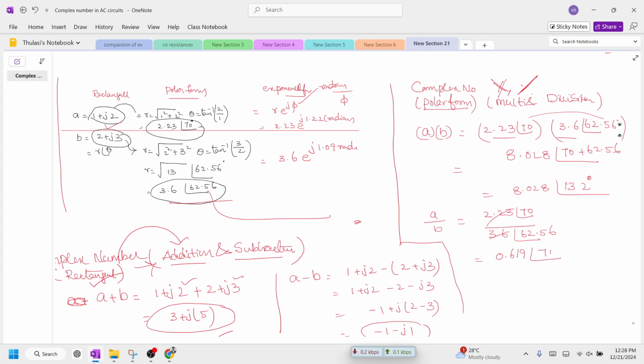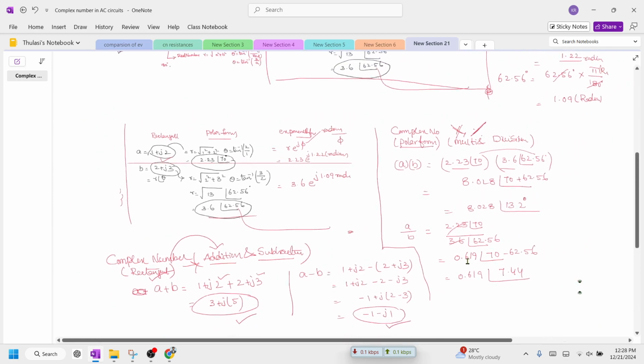Here you have to subtract the angles, 70 minus 62.56. Okay, so this is 0.619 at an angle of 70 minus 62.56, which is 7.44. So hope you got complete clarity on these numbers.